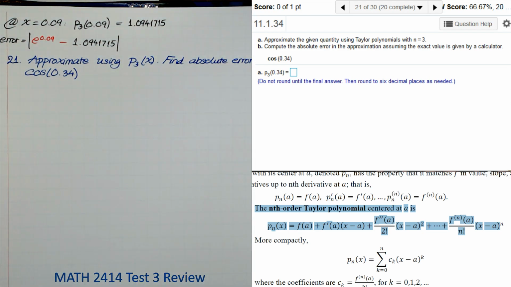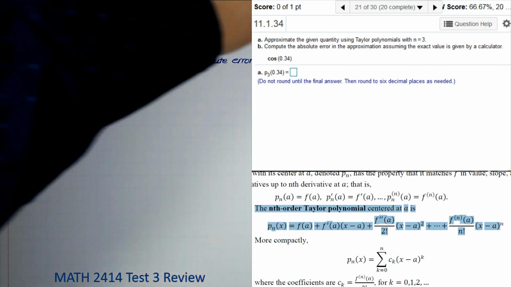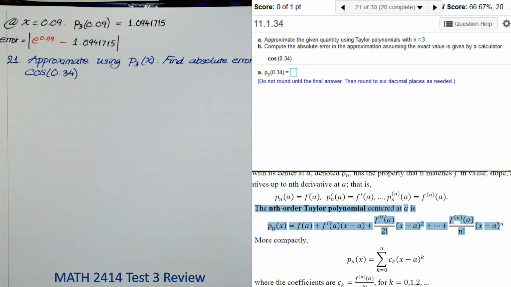So without any assumption, this has to be in radians because we don't have degrees. Right. So I'm just going to make a table.